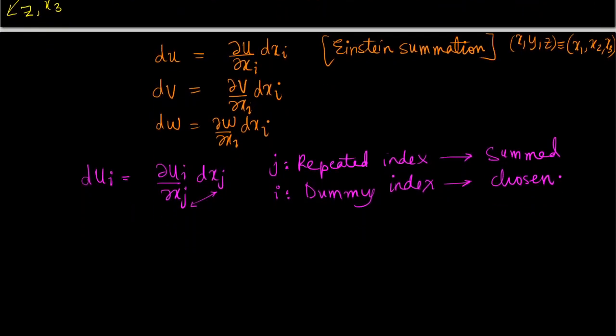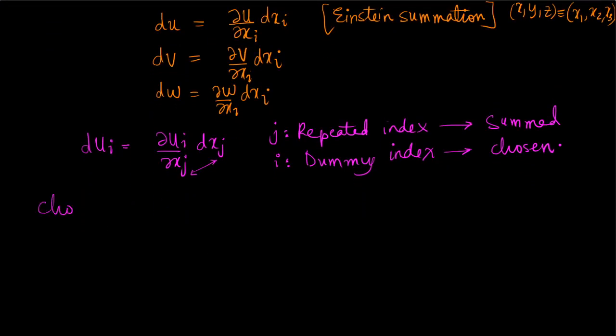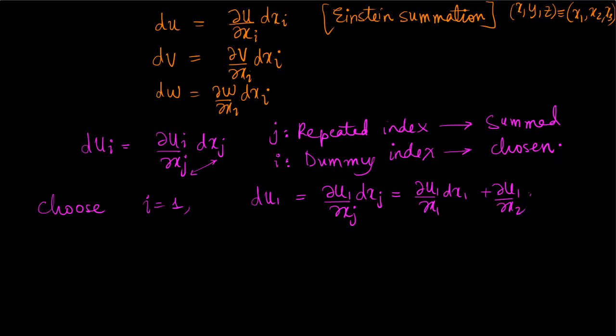So the meaning is, let me choose i equal to 1. So this expression reduces to du1 is equal to del u1 del xj dxj, and because we have the Einstein summation notation, this will be del u1 del x1 dx1 plus del u1 del x2 dx2 plus del u1 del x3 dx3.